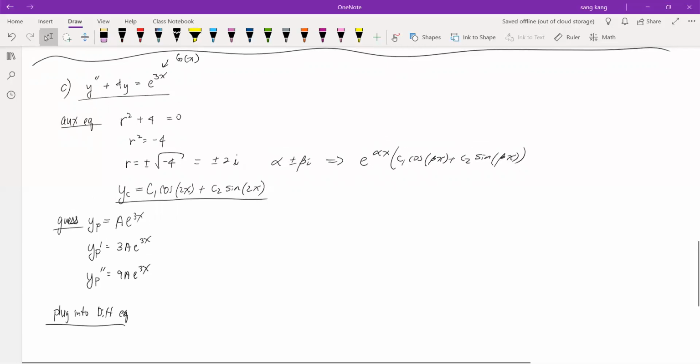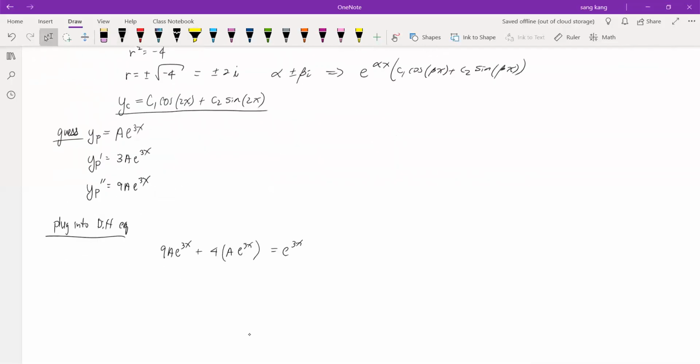So we'll have 9a e to the 3x plus 4 times y, which is a e to the 3x. And this equals e to the 3x. We can sum these two up, so we'll have 13a e to the 3x equals e to the 3x.